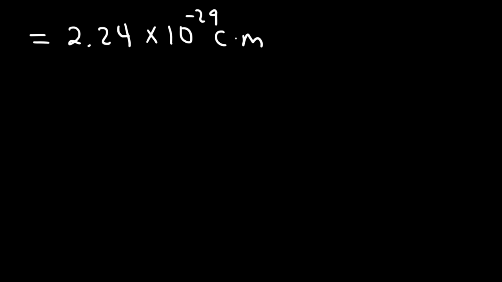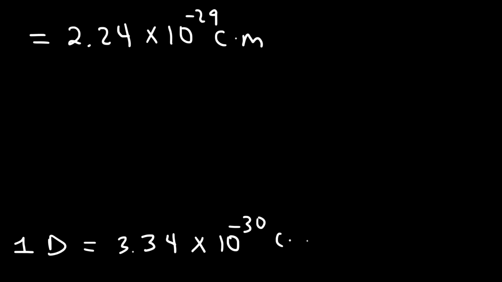Now we need to convert that to debye. It's important to know that 1 debye, spelled D-E-B-Y-E, is equal to 3.34 times 10 to the negative 30 coulomb meters.